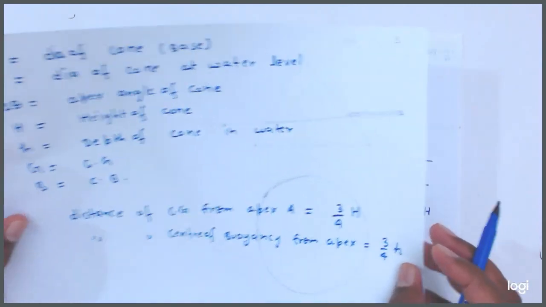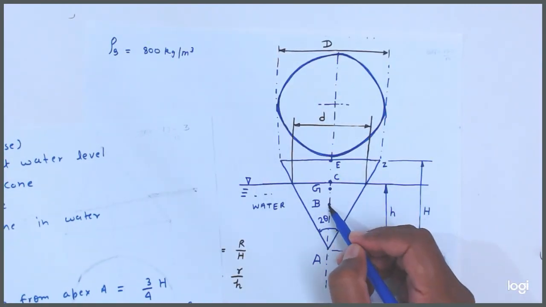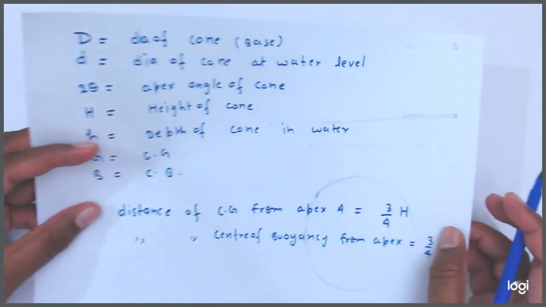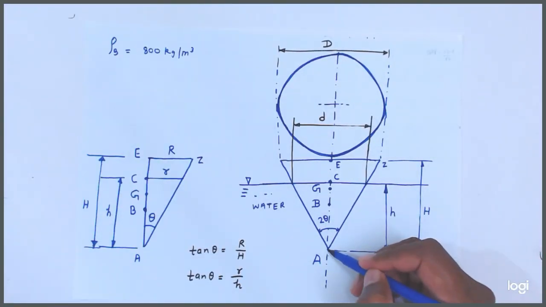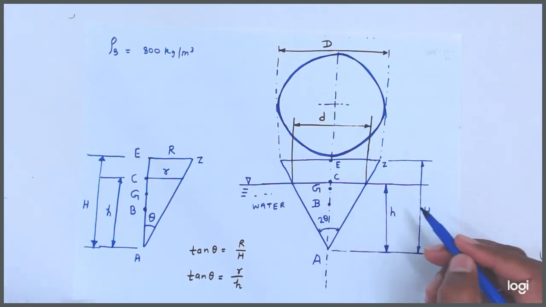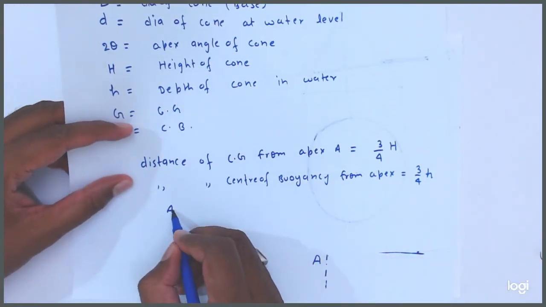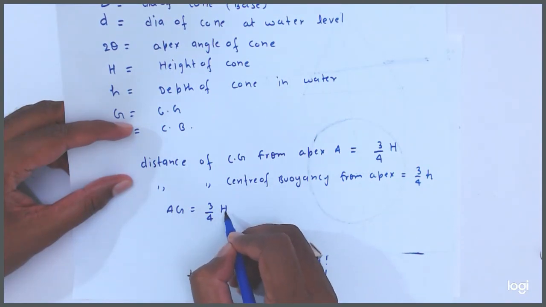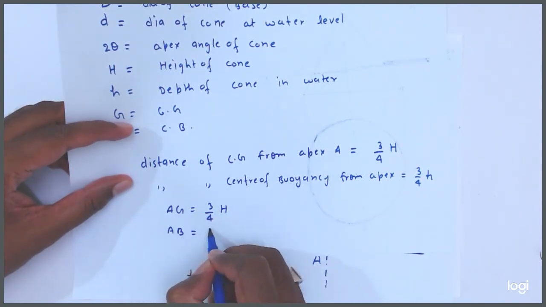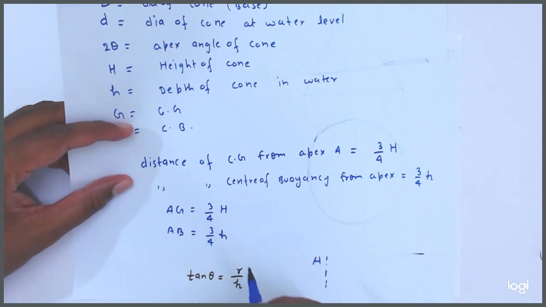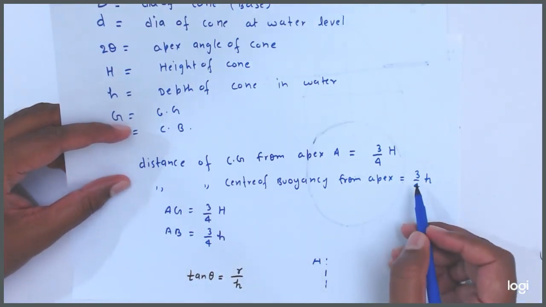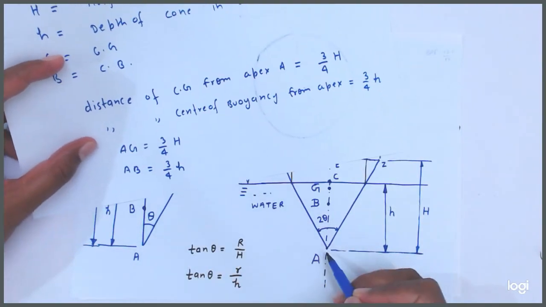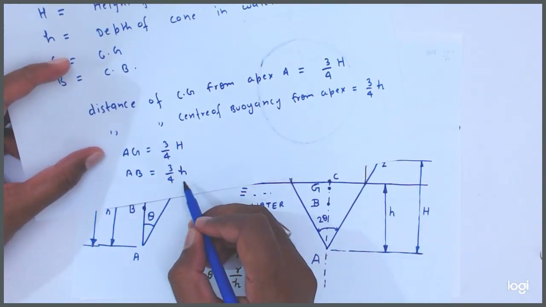Now then what is the distance between B and G? Friends, from A to G, it means here AG is equal to 3/4 H, and AB is equal to 3/4 into small h. Okay, AG equal to 3/4 H and AB equal to 3/4 into small h.